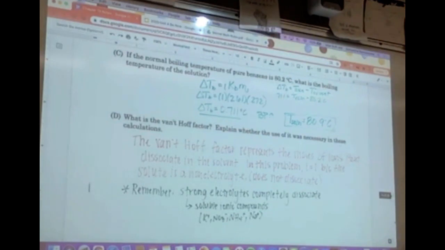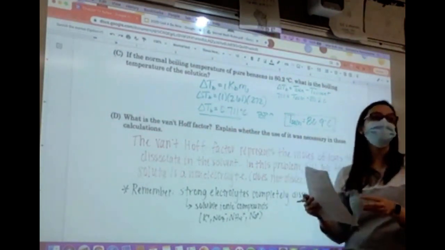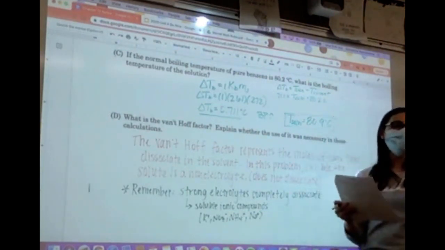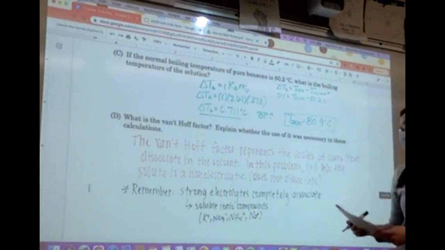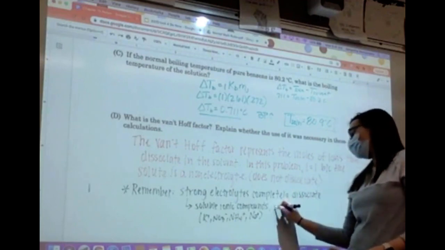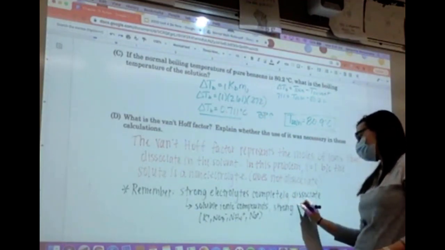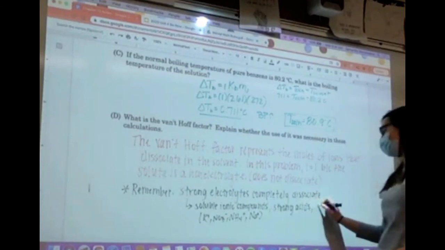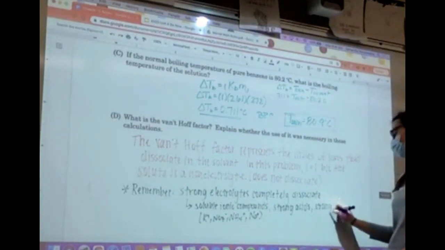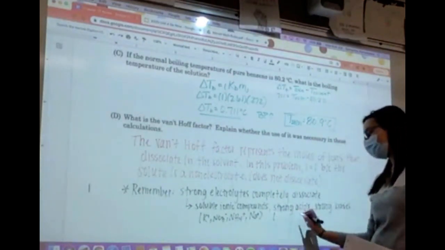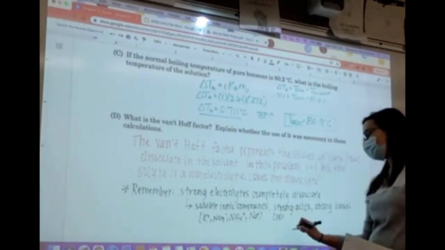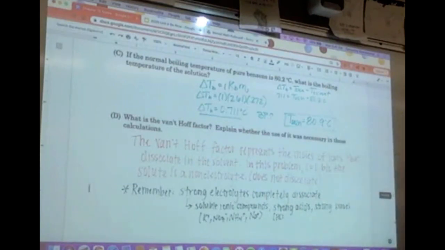That's why K2SO4 breaks up into ions. It breaks up into 3 ions. If it's K2SO4, it breaks apart into 2 potassiums and 1 sulfate. So its i value is 3. The other strong electrolytes are strong acids. There are 7 strong acids and strong bases. I'm not going to list all 7 strong acids, but for example, HCl is a strong acid. It breaks apart into H plus and Cl minus.